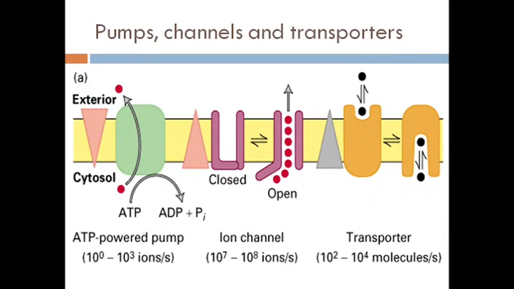And the third figure is about the transporter protein. Here we can see that the transporter protein is ready to hold the solute molecule, and the solute molecule can come inside and go outside through the cytoplasm with the help of this particular carrier molecule.